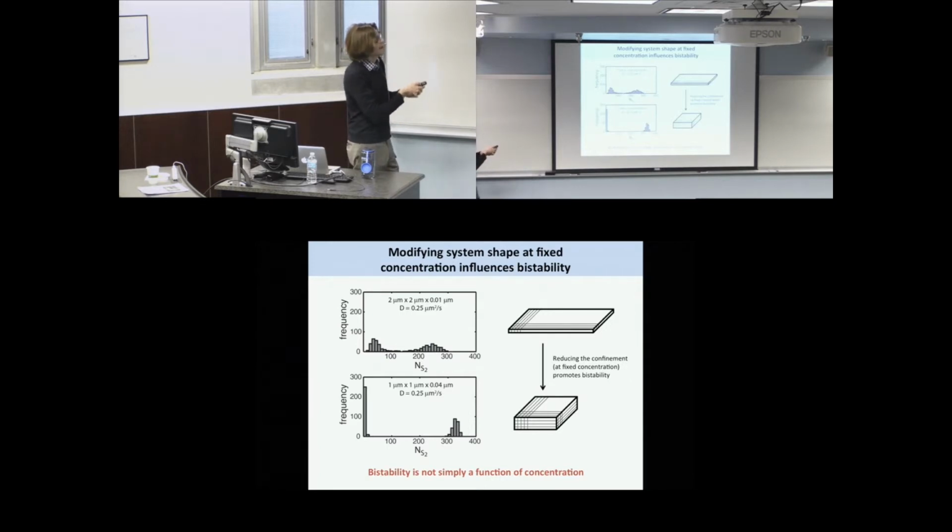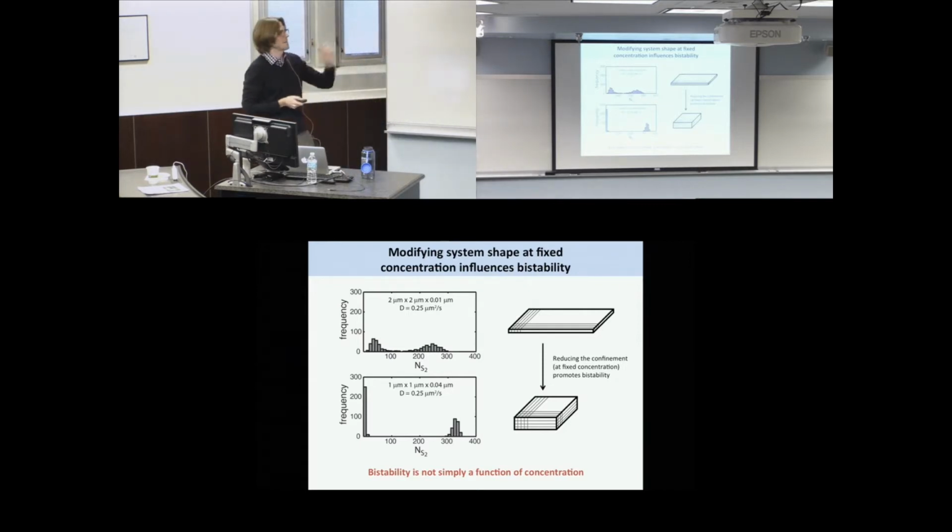Qualitatively, what I want you to look at is that the shape of this distribution is different for these two systems. So here's the first takeaway: we know that bistability is not simply a function of concentration. This can't be a concentration effect. The takeaway here is that molecules, on average, are farther apart in this purely two-dimensional system than they are in this system right here.